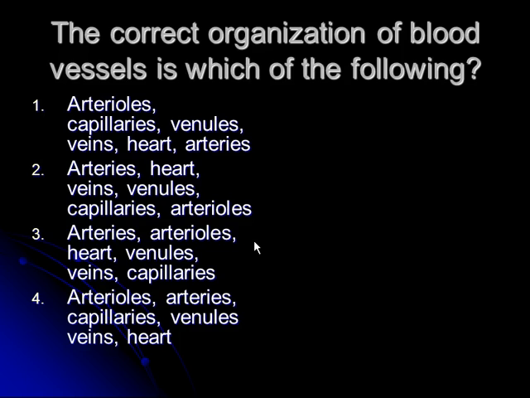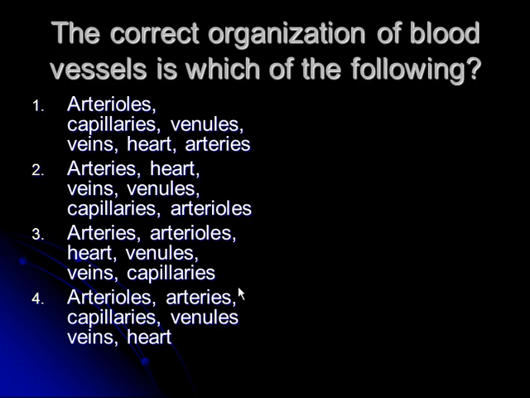Arterioles to capillaries to venules to veins to the heart to arteries. Does that seem right? What's after arterioles? Always capillaries. What's after capillaries? Always venules. What's after venules? Always veins. What's after the veins? Always, well, in the circulation, heart. And then after the heart, always goes into the arteries. Does it seem right? It is right. Number 1's the right answer.